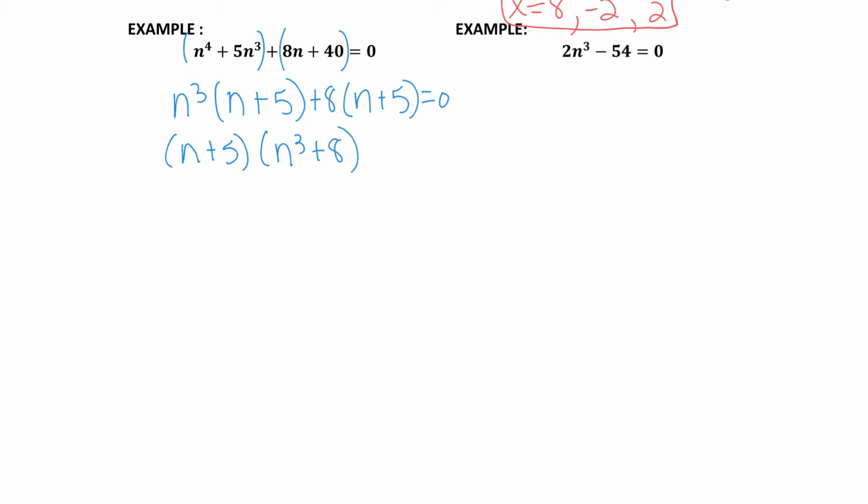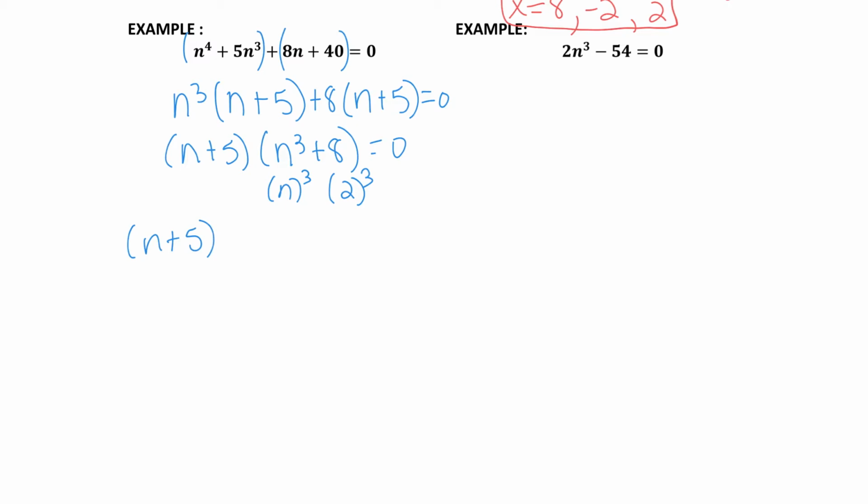Okay, now the n plus 5 is linear, so that's as far as you can go. And then the n to the third plus 8, that's going to be a sum of cubes, because we can write that as n cubed and 2 cubed. So let's bring down our n plus 5, and you might want to look back at your formula for sum and difference of cubes.